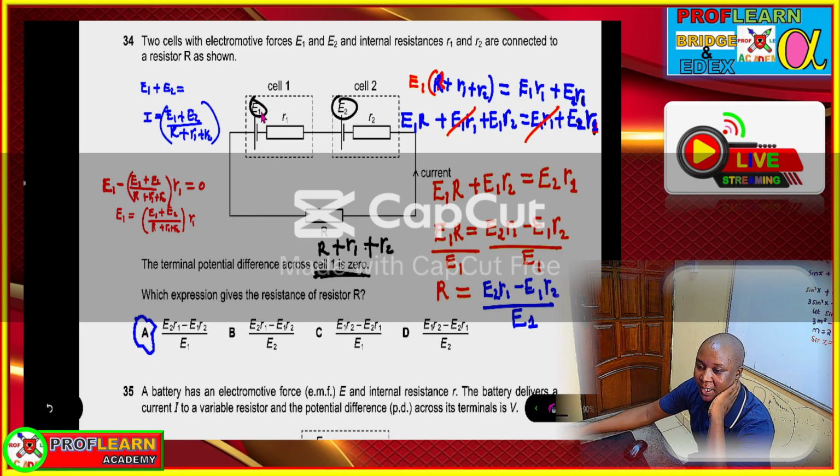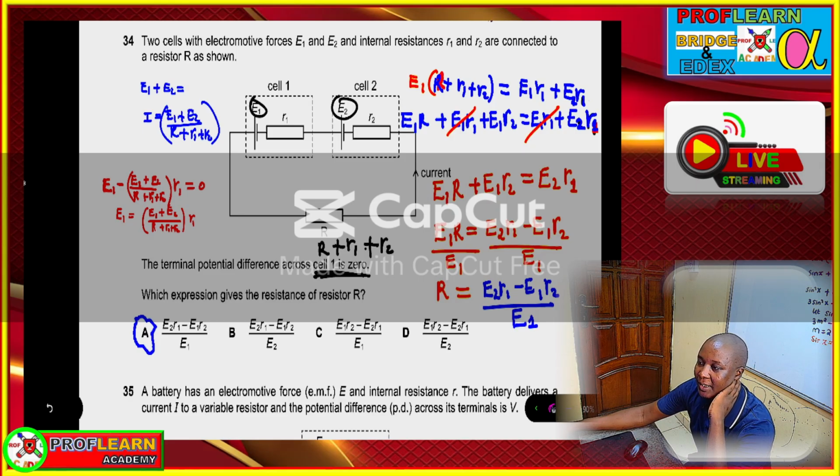If we take the EMF of cell 1 minus the potential drop due to the internal resistance, the answer is going to be 0, because we know E equals V plus IR.